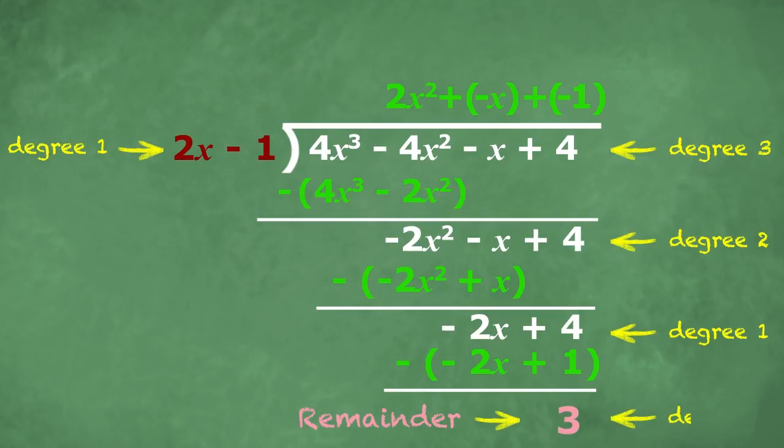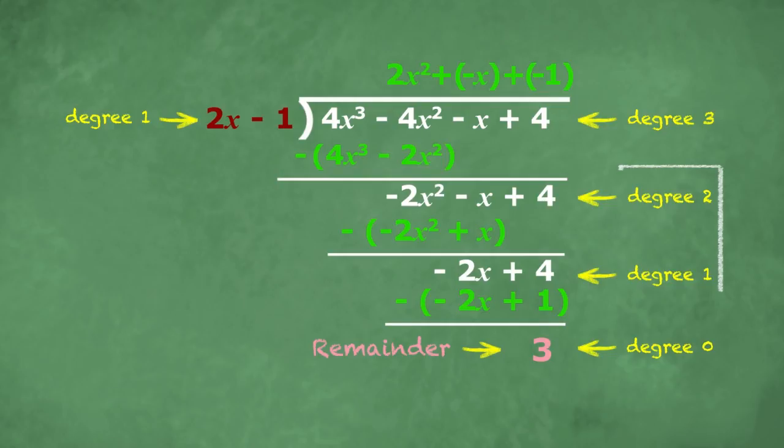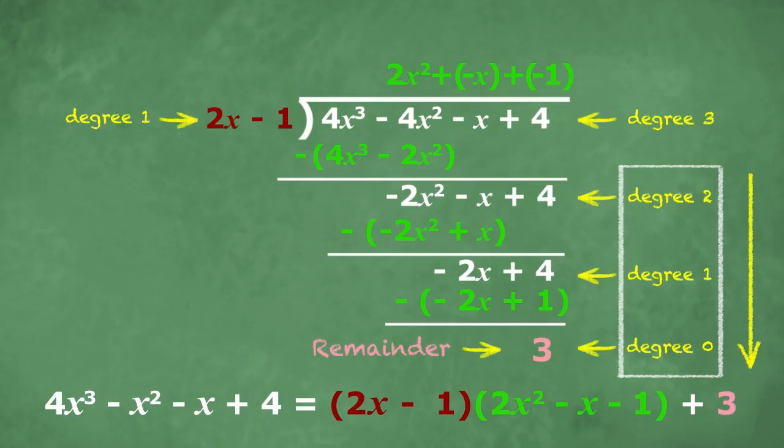It is a constant which cannot be divided by the divisor, which is of degree 1. Again, what do you notice about the degree of the remainders at each division? The degree decreases until it is less than the degree of the divisor. It is useful to express the polynomial in the form of divisor times the quotient plus the remainder.